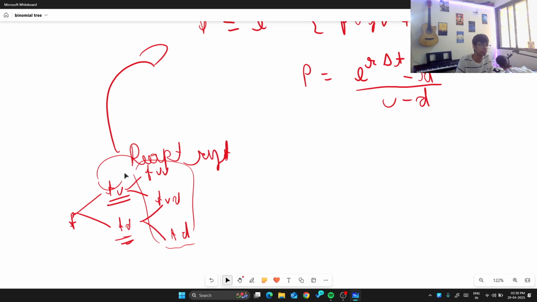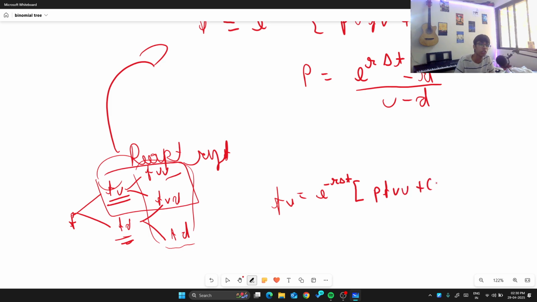So for f_u, we will consider this binomial tree, and that would be the expectation e to the minus r delta t equal to p f_uu plus 1 minus p f_ud. Then we will find the value of f_d. For f_d, we will look at this graph.